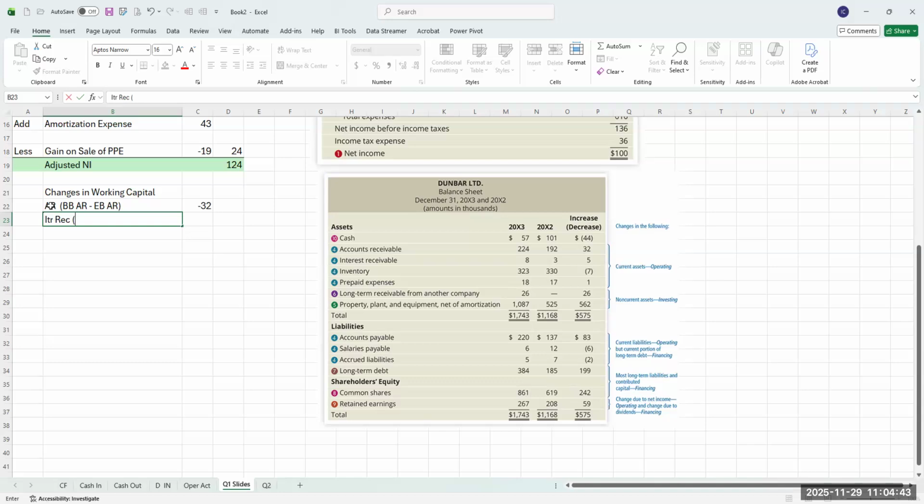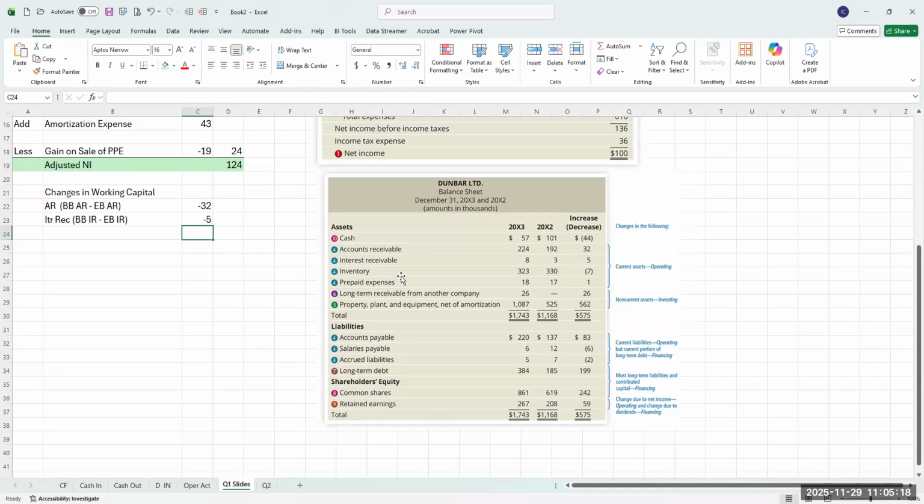The formula is the same. Beginning balance of the interest receivable minus the ending balance of the interest receivable. That's equal to interest receivable beginning balance of 3 minus 8. So we have the interest revenue, but for that interest revenue, we didn't collect $5.